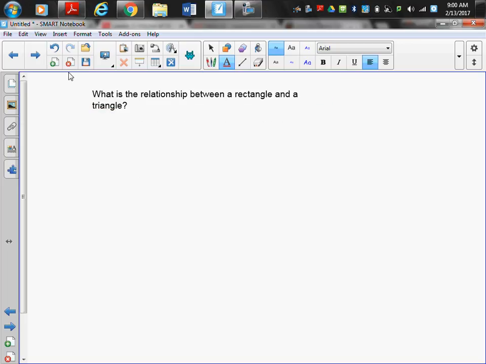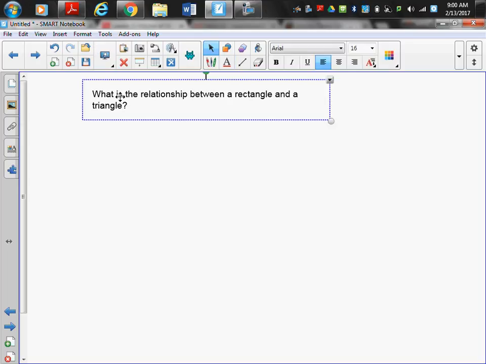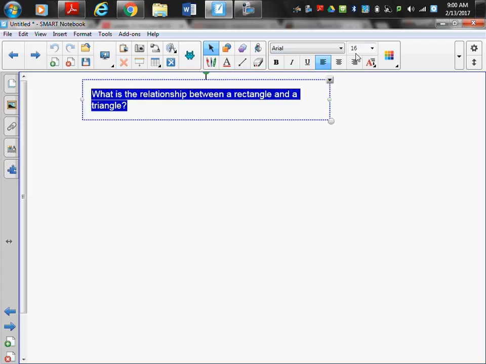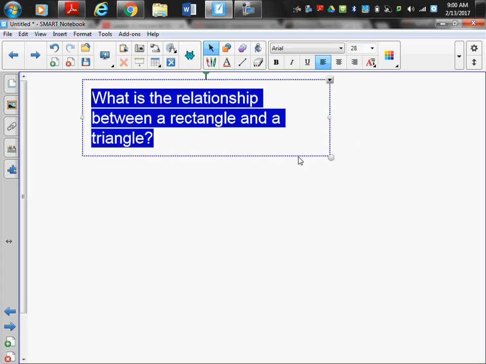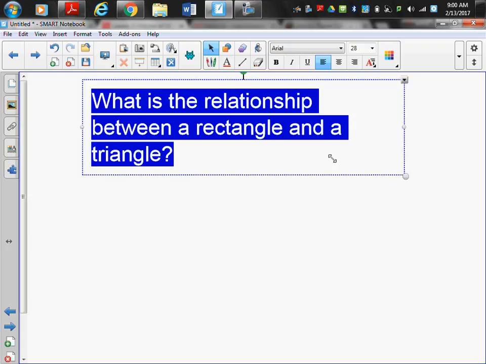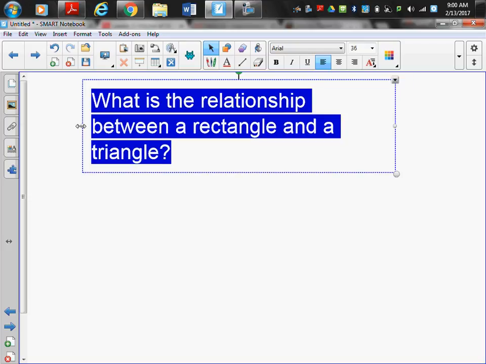This goes all the way back to when we were finding the area, and we had to derive the formula for the area of a triangle. What did we come up with was the relationship?